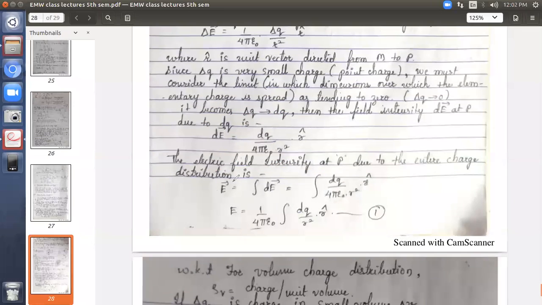For that, we take capital E as the integration of this. Whatever equation we got, you have to integrate it. Remember, we apply the concept to a smaller portion to get the overall value. We go for concept extension by using integration. Okay, this is a general thing we do.